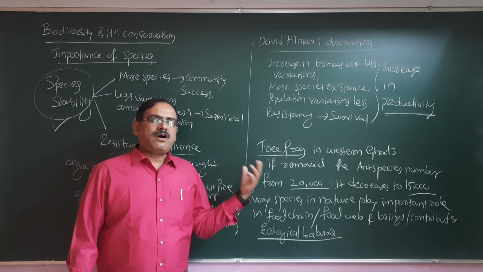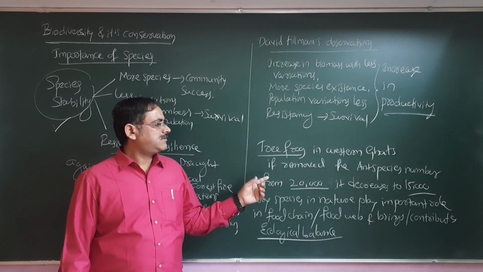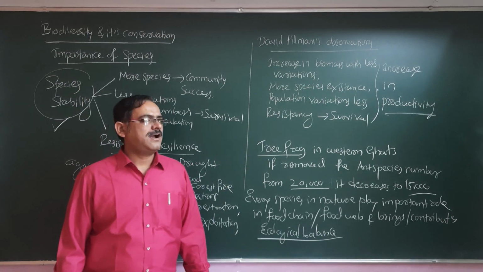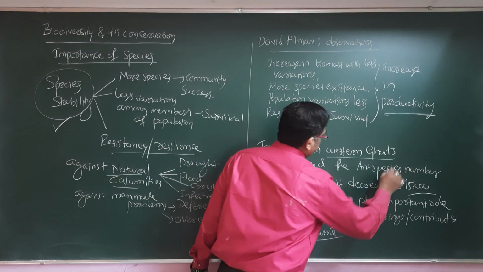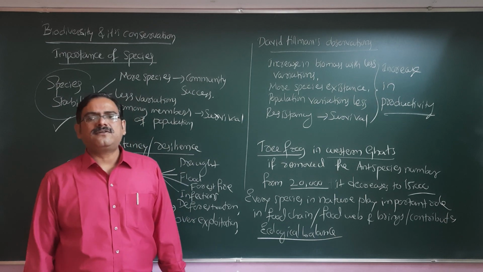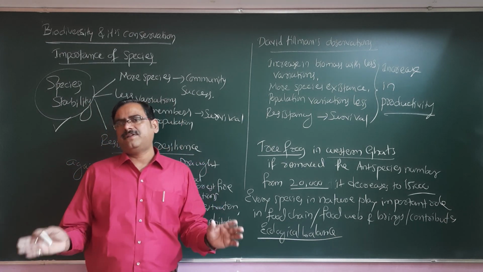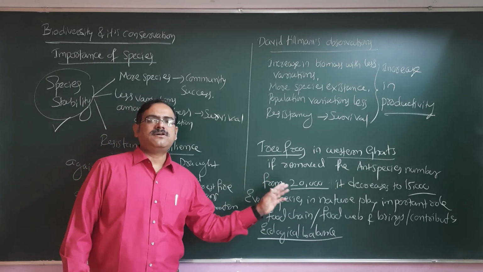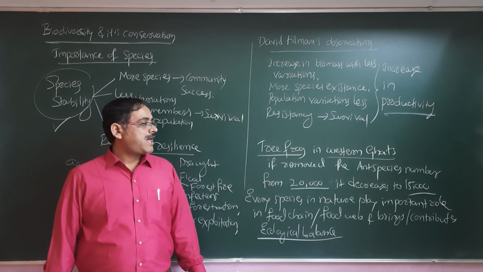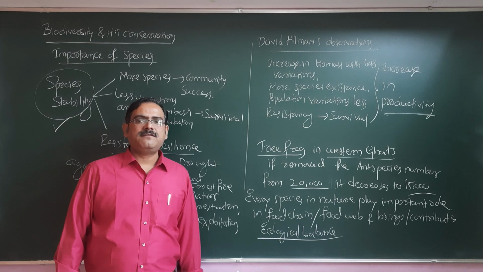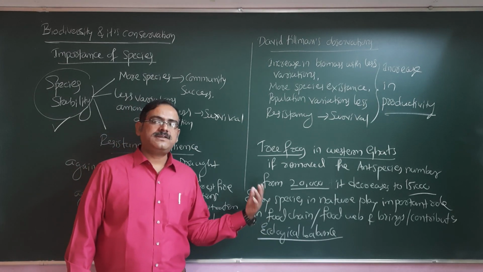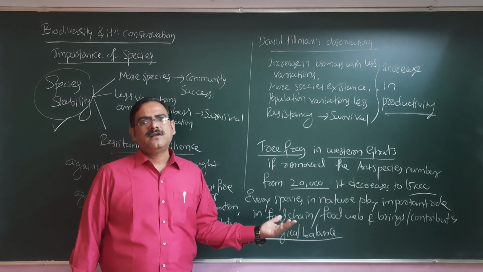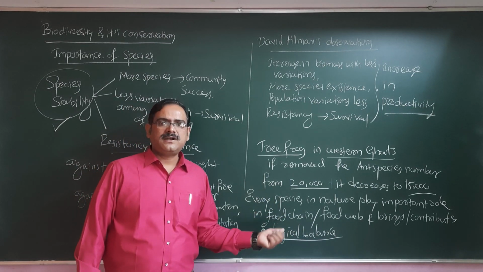When we talk about the importance of species, take a simple example: the tree frog from the Western Ghats. If we remove it, what will happen? The tree frog mainly controls the population of a variety of insects, including ants. There are 20,000 species of ants, but in the absence of a predator like the tree frog, their number may keep reducing because of their own internal competition and internal diseases.